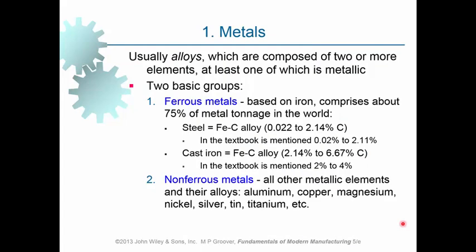Okay, as mentioned, metallic materials can be divided into two basic groups, and those are ferrous metals that are based on iron, Fe, and this comprises about 75%. It is a big number. 75% of metal tonnage goes to the ferrous metals, leaving only 25% for the non-ferrous metals.